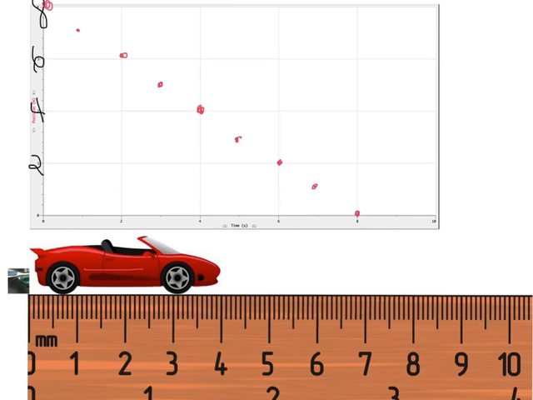Now if I draw a line through here, I can see that I get a negatively sloped line. So I can see that negative slope means the car is moving towards the origin, whereas a positive slope meant that it was moving away.